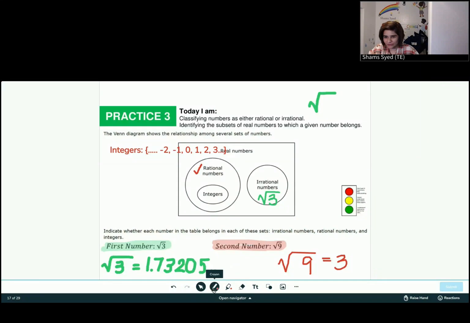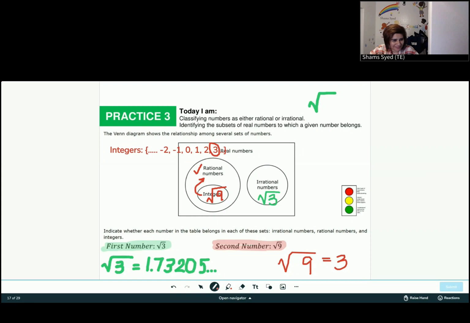Yes, you guys all say it is also going to be an integer because here it is. So square root of 9 is actually going to go here, right? Because if it's going to be part of integers, it is automatically also a rational number, because integers are inside the rational numbers.